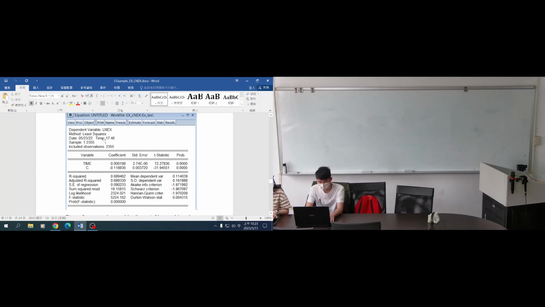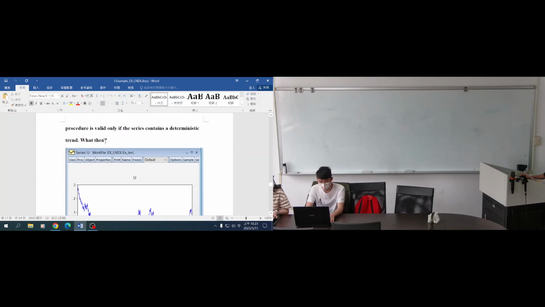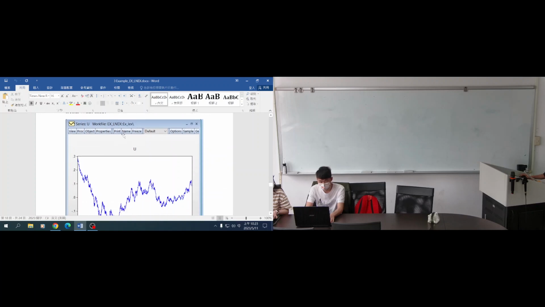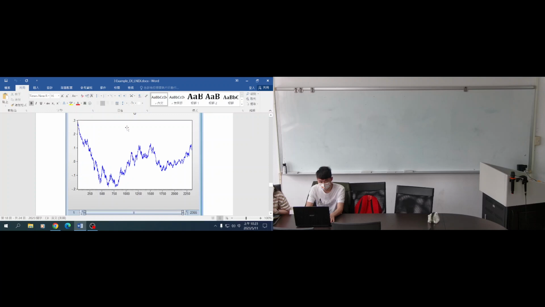Then I have the residual, and this is the residuals plot. How do you think this graph looks?